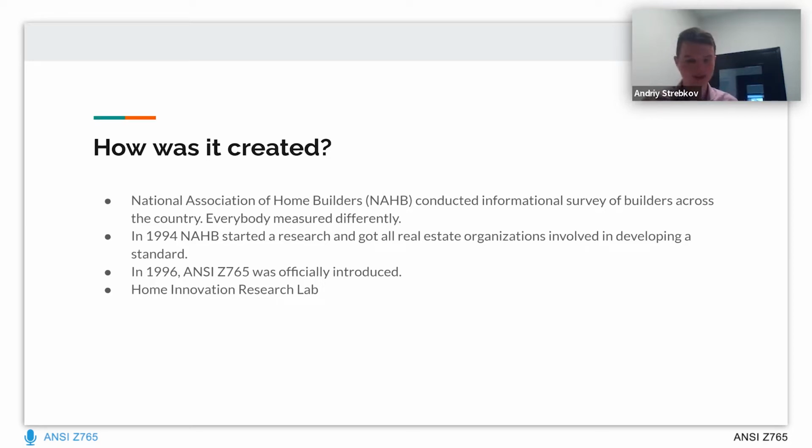You can find all the information about ANSI Z765 there if you wish. Even though it was developed in 1996, the standard is still being regularly reviewed. Every few years, maybe every year, you can see an update to this standard.